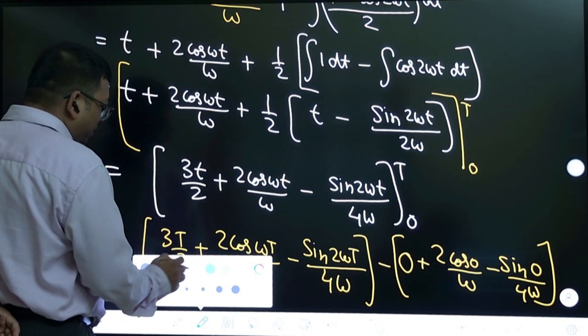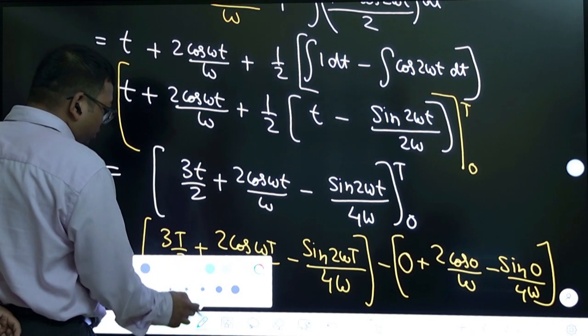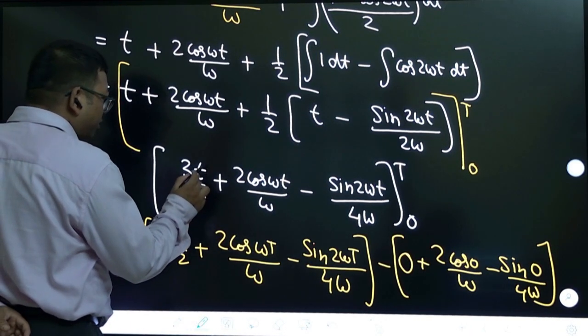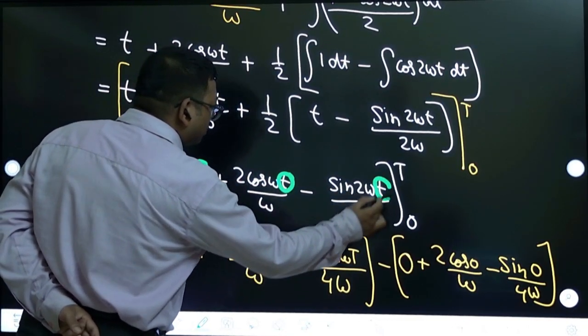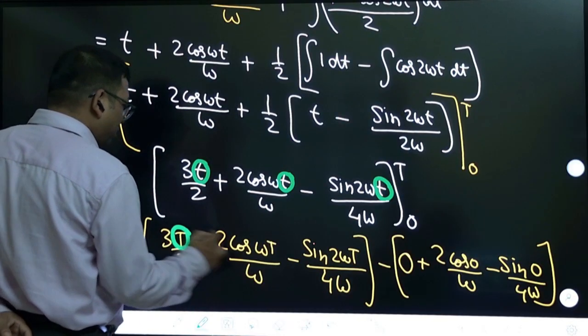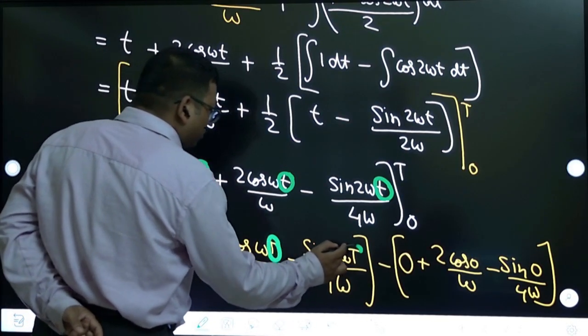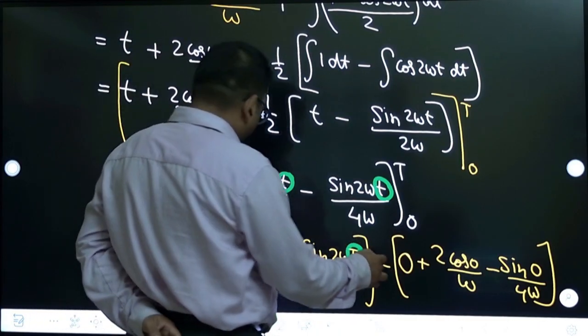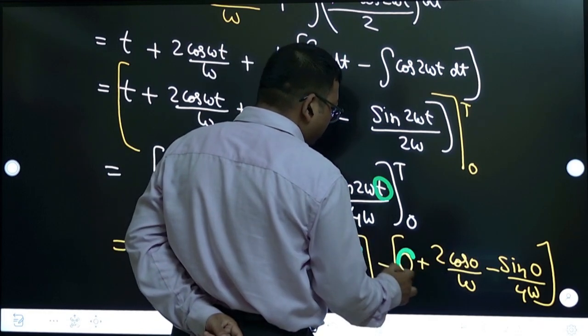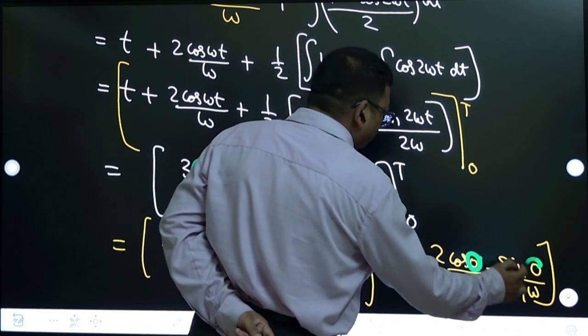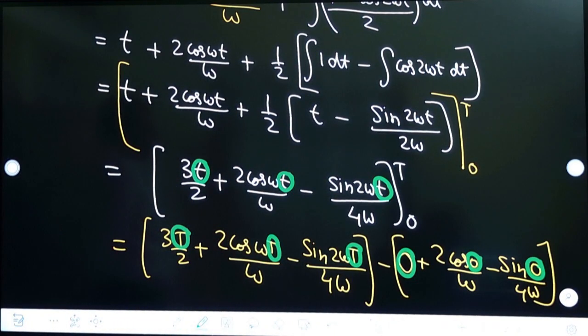Where I am substituting, you have to note, I have substituted in place of this t: first capital T, then minus the entire thing with small t, and this small t is 0, so all these terms have become 0. Clear?